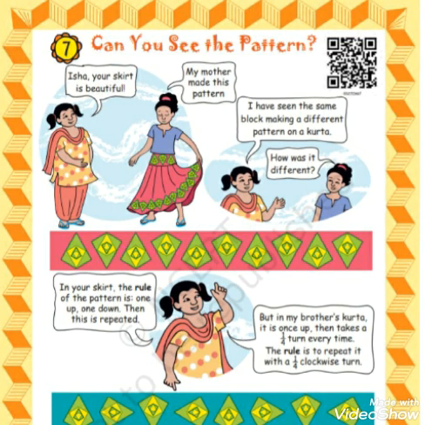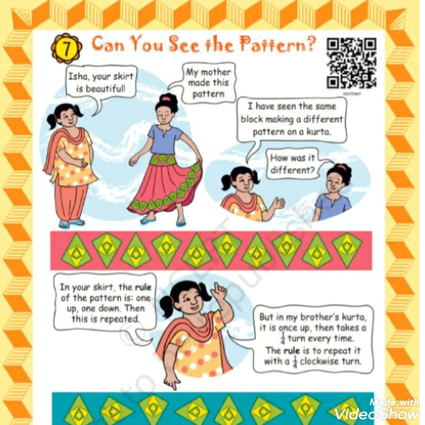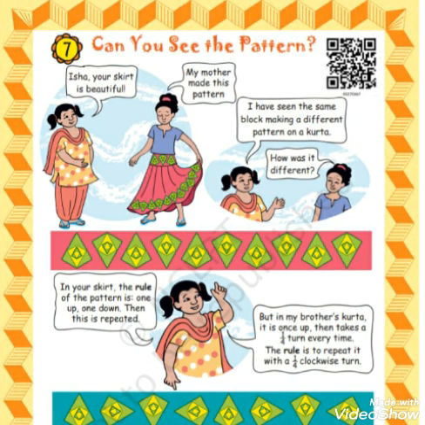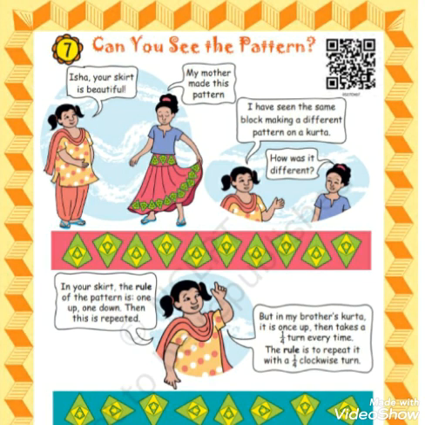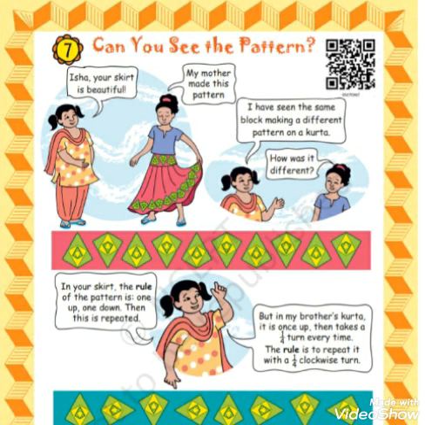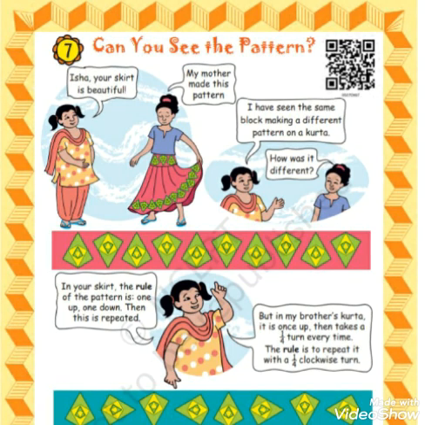Now what is clockwise and what is anti-clockwise? If you have seen a clock, the hands of the clock rotate clockwise, means from left to right it rotates. It is known as clockwise turn. And if something is rotating the other way, means from right to left, it is called anti-clockwise, means the opposite direction of the hands of the clock.